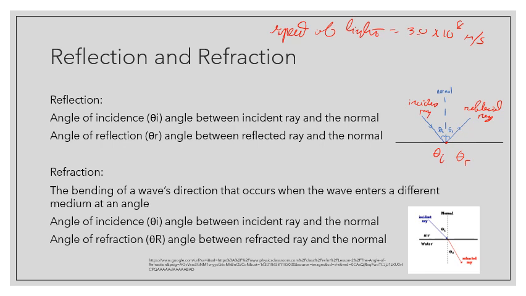The normal is perpendicular to the barrier between the two mediums, and so that's theta I. And then we have the refracted angle. The angle of refraction is described by theta big R, and it's the angle between the refracted ray and the normal. In this diagram it is described with theta big I, but you could use theta big I or theta big R.